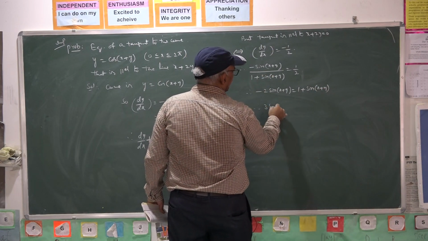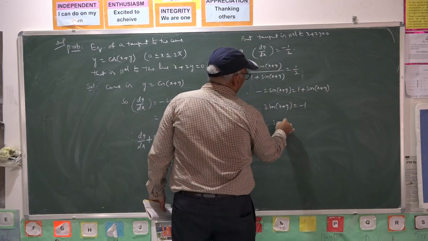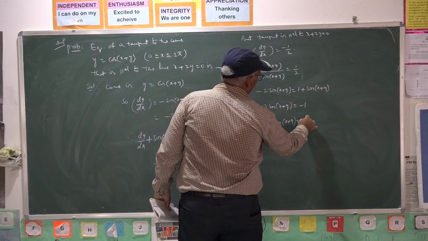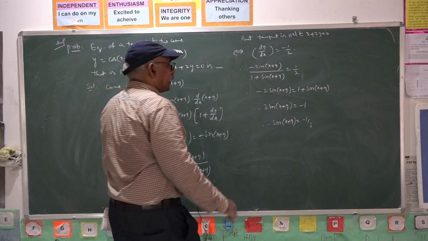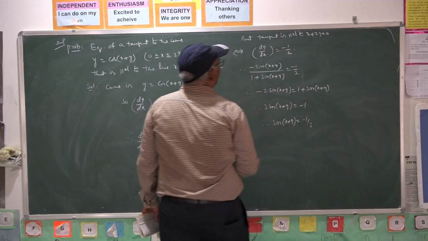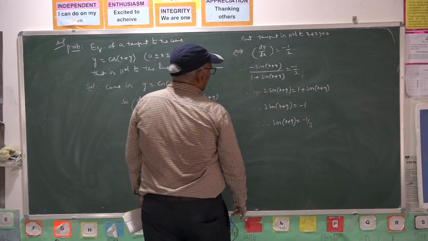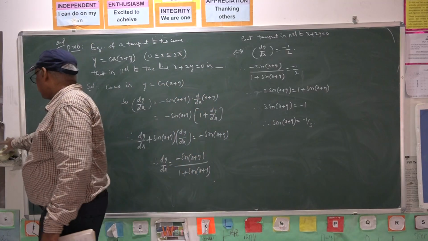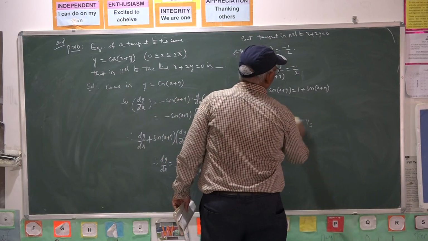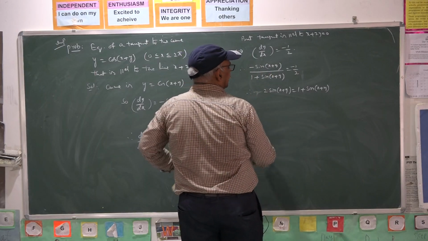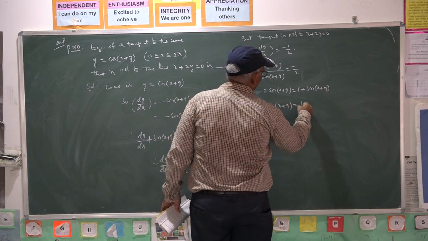Oh sorry, this is minus 1 by 2, so the negative signs cancel and we get a positive sign here. Hence, 2 sine of x plus y takes the value 1 plus sine of x plus y. Hence, sine of x plus y takes the value 1 itself.